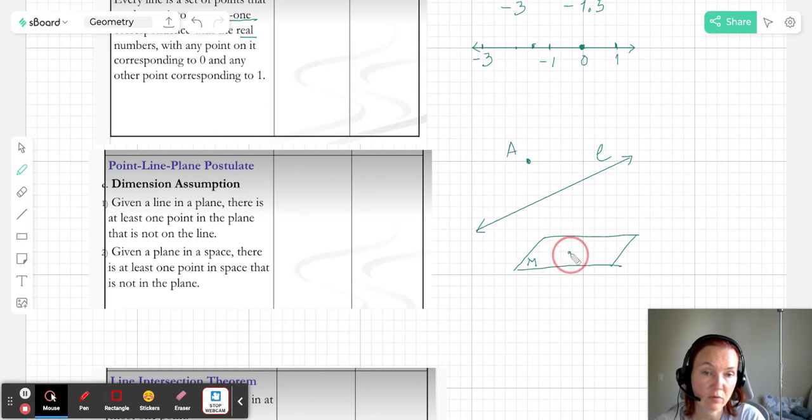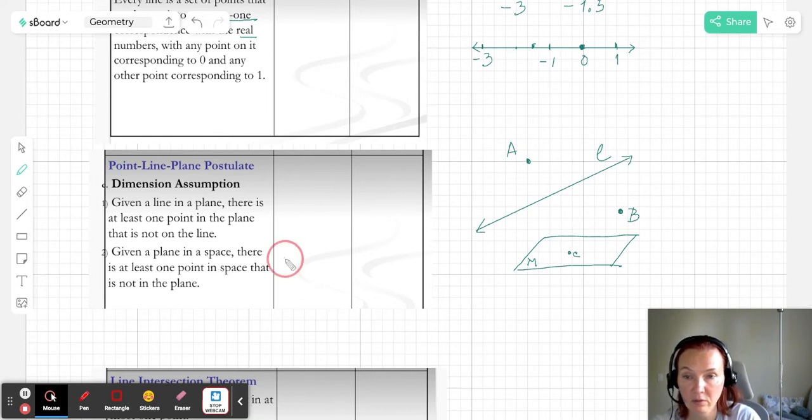If I draw a point over here, it is in the plane. And if I draw a point, let's say over here, then that point, point B, is not in plane M.